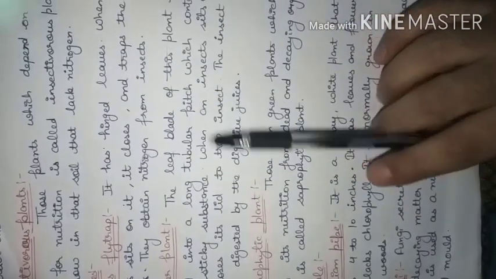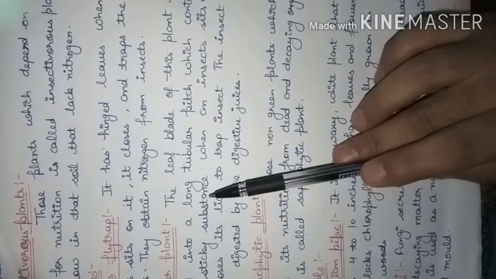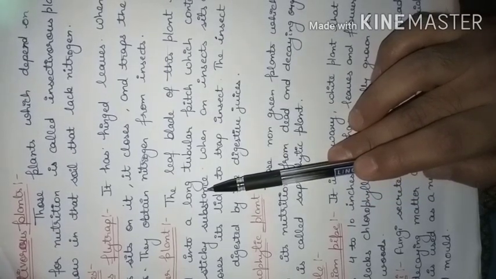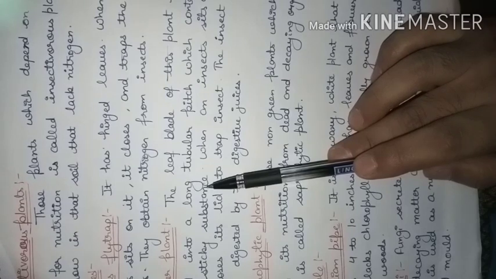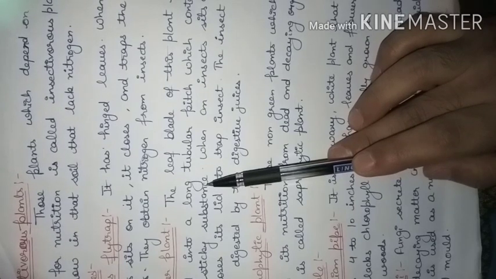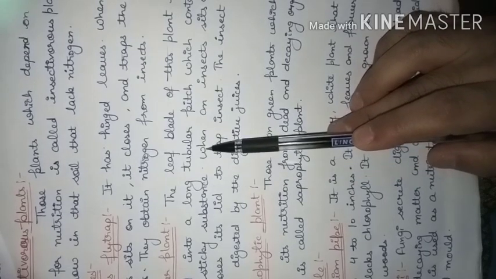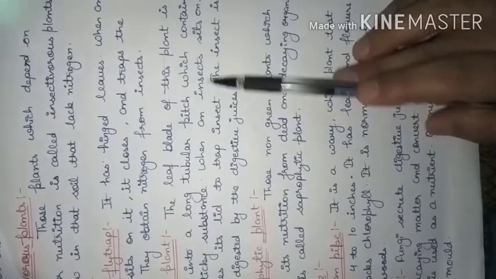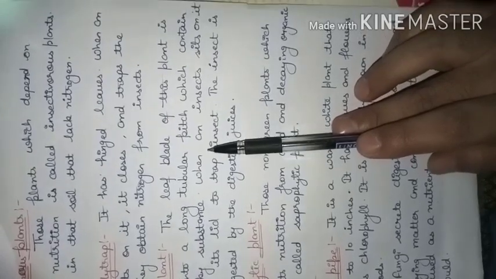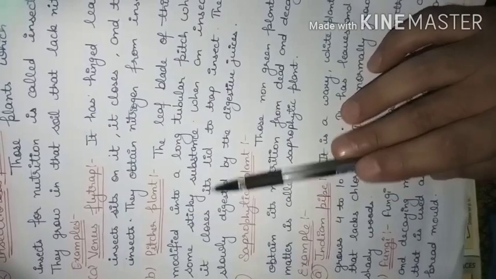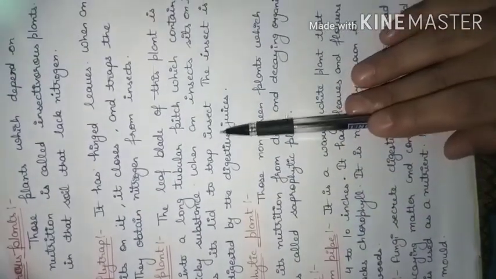When an insect like a honeybee sits on this type of insectivorous plant and goes inside this tube, on the top of the tube there is a lid. See here, when the insect sits on it, it closes the lid to trap the insect.